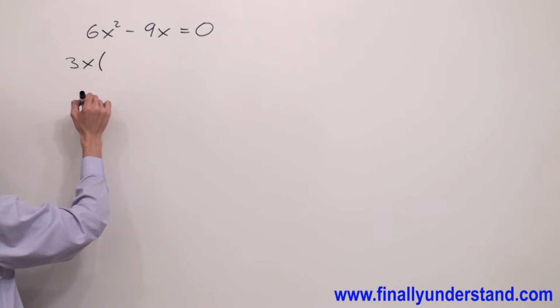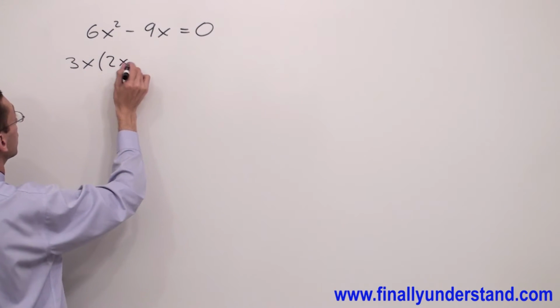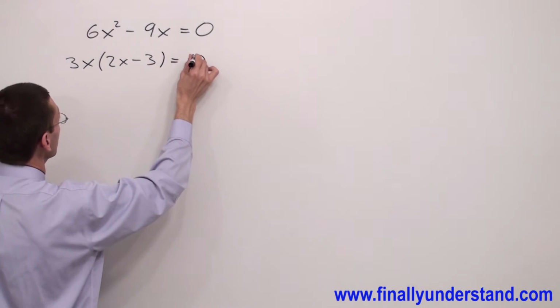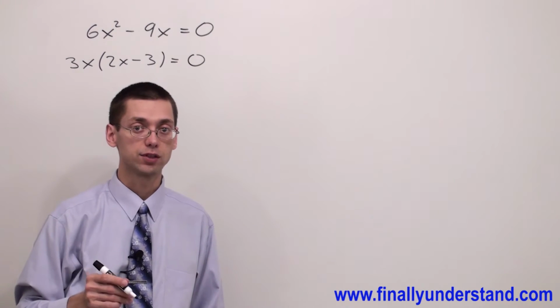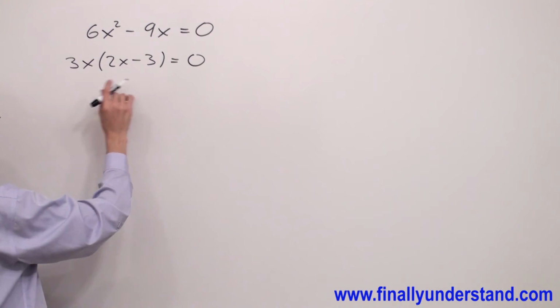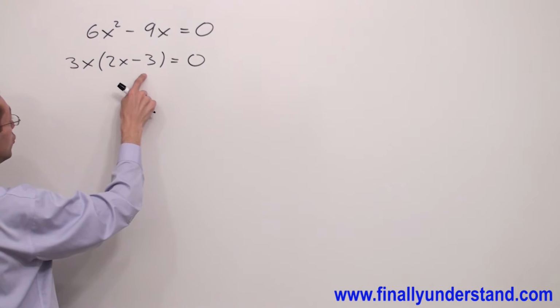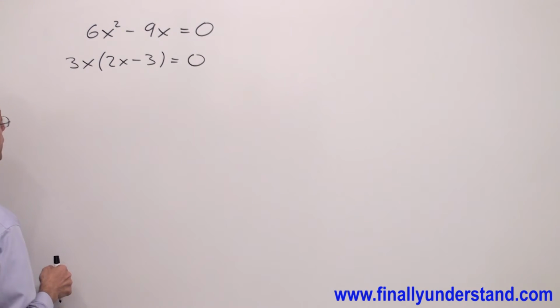And inside of the parentheses we are going to have 2x minus 3 equals 0. In order to make the left side equal 0, in order to balance this equation, this factor or this one is supposed to be equal 0, or both of them are supposed to be 0.